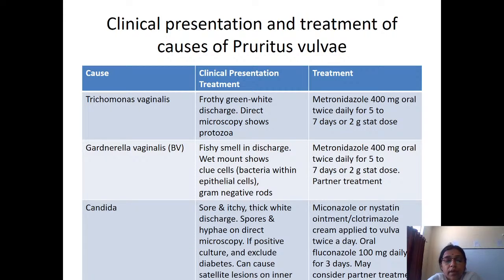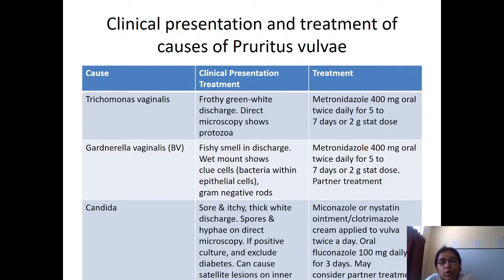When it comes to candida, the lesions tend to be erosions sometimes on the vagina, apart from the creamish or white thick discharge that we see. And when we examine the discharge under microscopy, we find the hyphae and the spores. And we need to always rule out whether the woman is diabetic or whether she has any immunosuppressive condition.